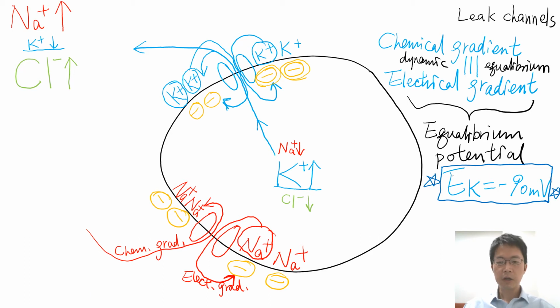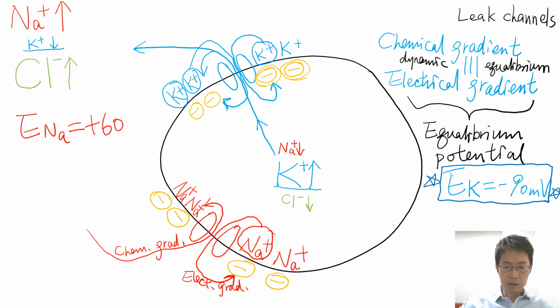So same thing: when the chemical gradient and the electrical gradient of the sodium ion reach the dynamic equilibrium, we call this ENa. And ENa is approximately equal to plus 60 millivolt.